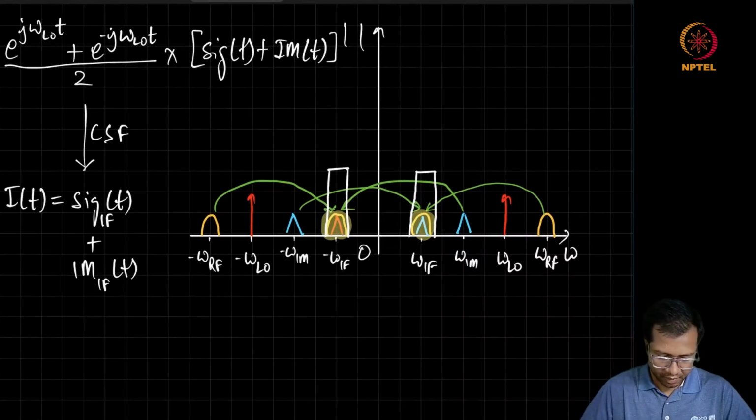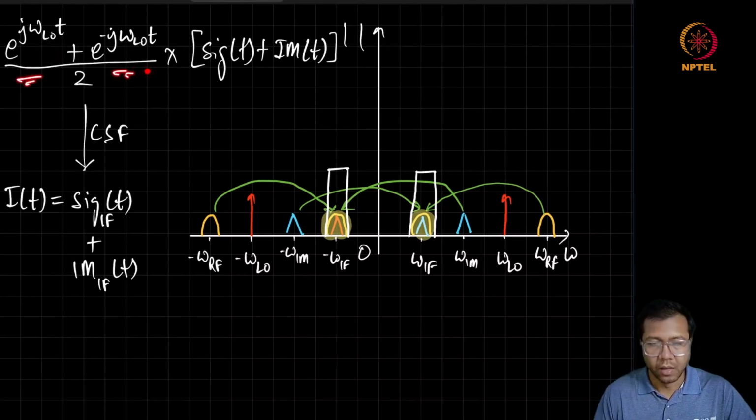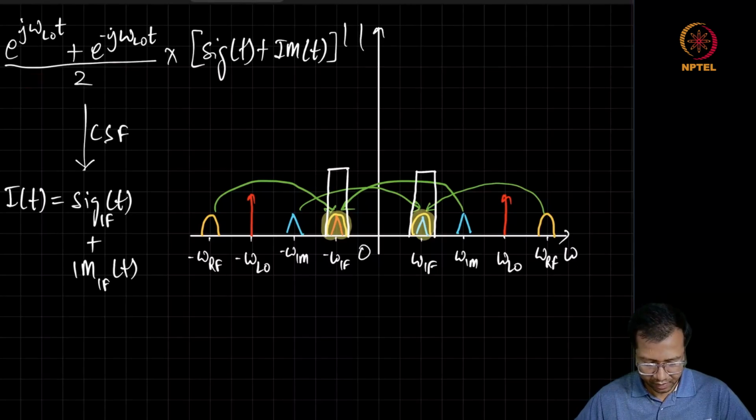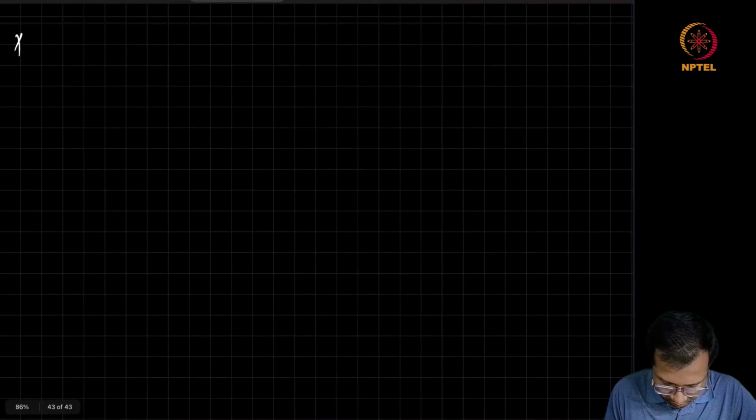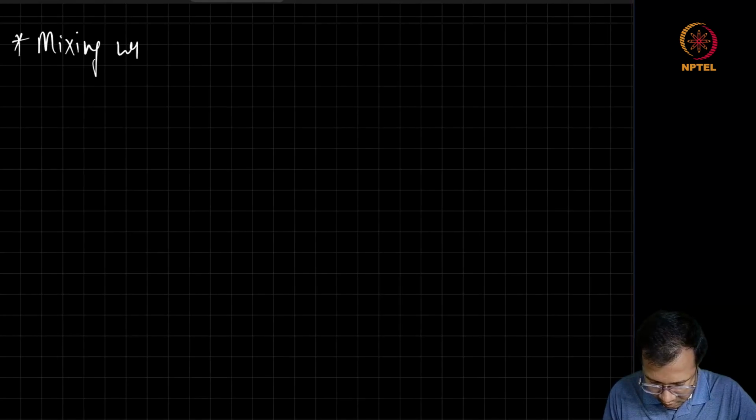Next, let us take a case where the LO, instead of being a cosine function, is a sine function: mixing with sine omega LO t.